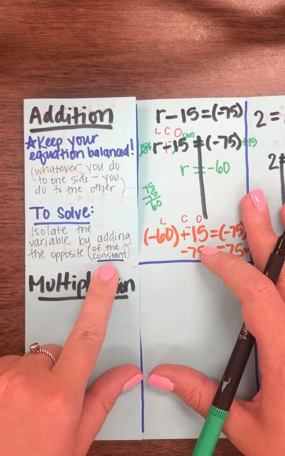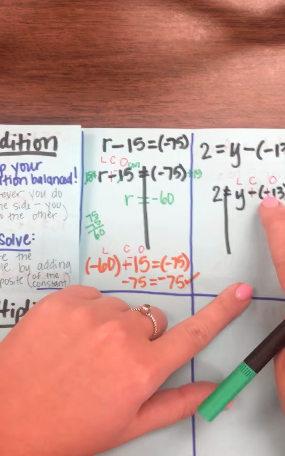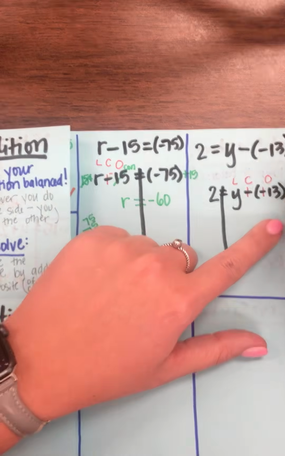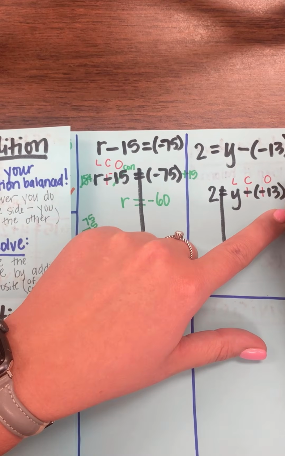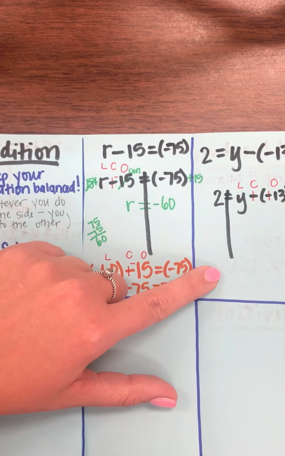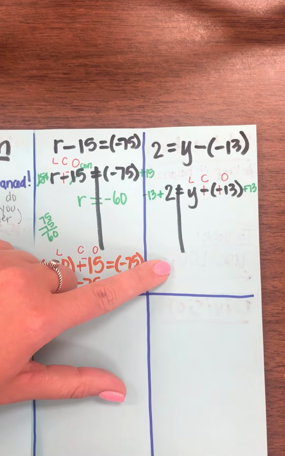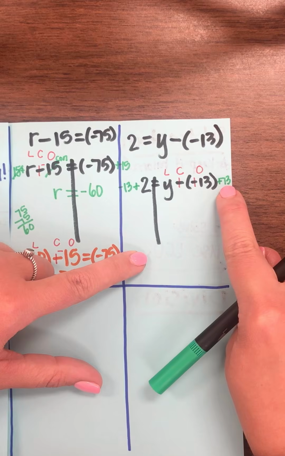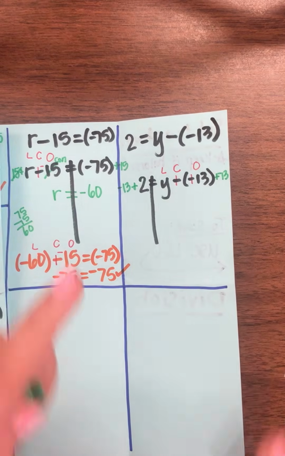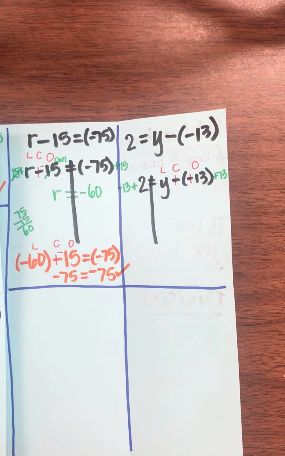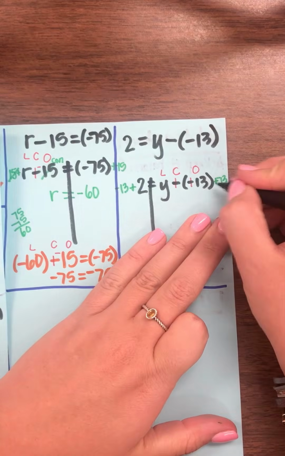So now it says to isolate the variable by adding the opposite of the constant, okay? The opposite of positive 13, that means I'm gonna add a negative 13, and whatever I do to one side, I do to the other. So I added a negative 13 on one side, and I added a negative 13 on the other. What happens to 13 and negative 13?